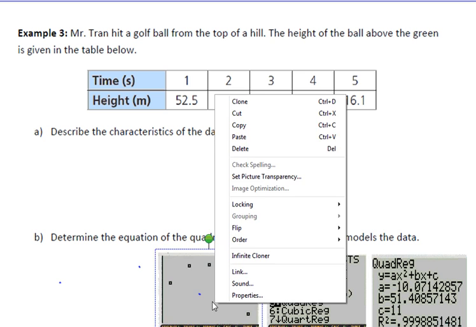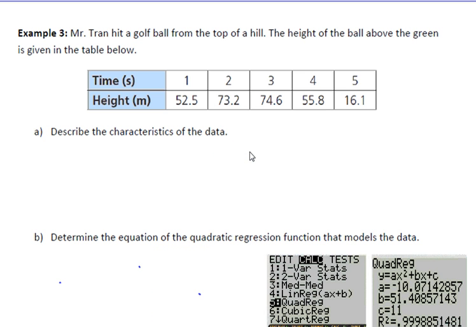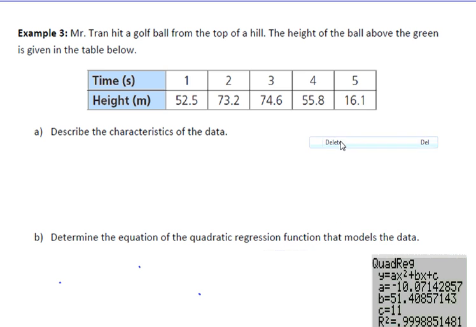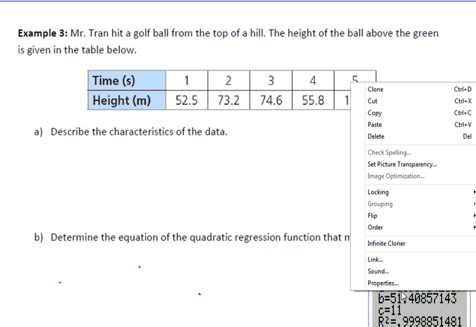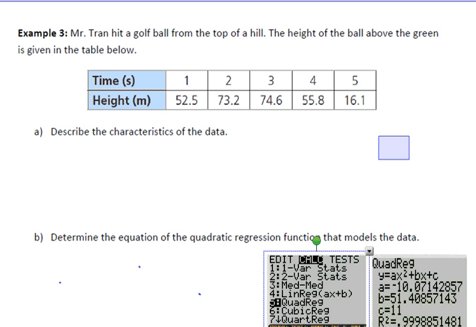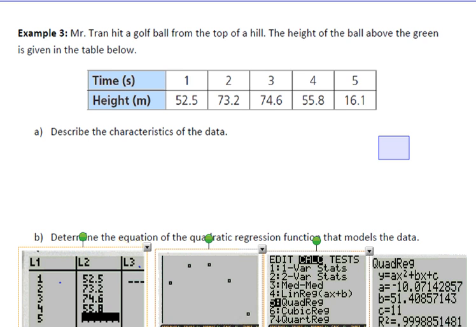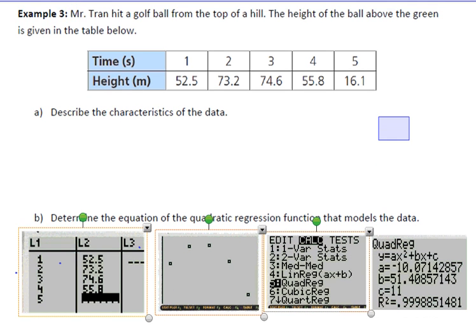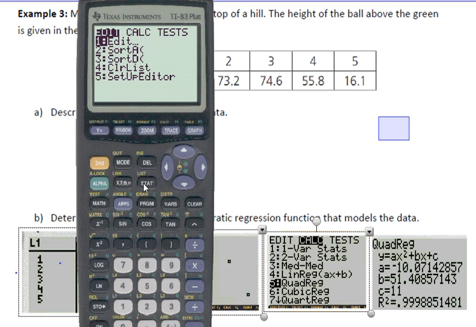Okay, so here you go. Can you start by entering this into your list while you wait? How do we do that again?